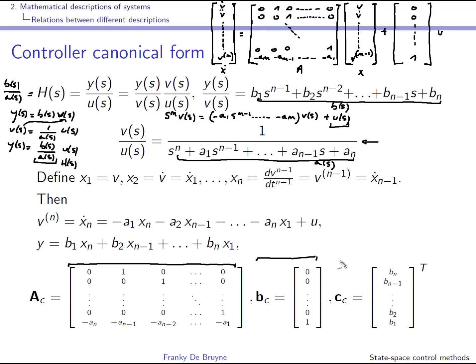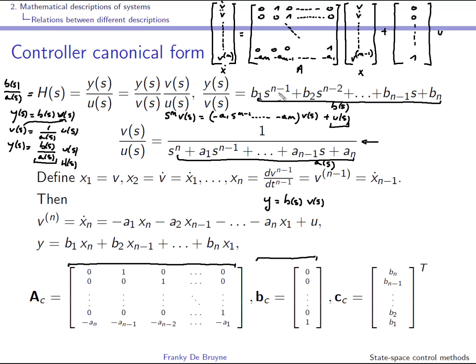So now I have my state, but I'm interested, of course, in the output, right? But you can see that the output y is equal to b as v, and b is given over here. So it's b1 times the n minus 1 derivative of v.